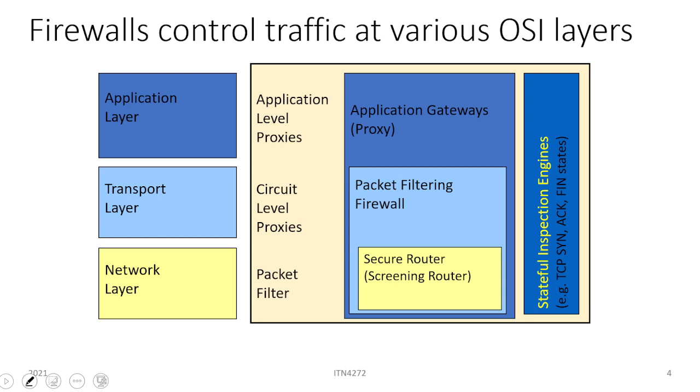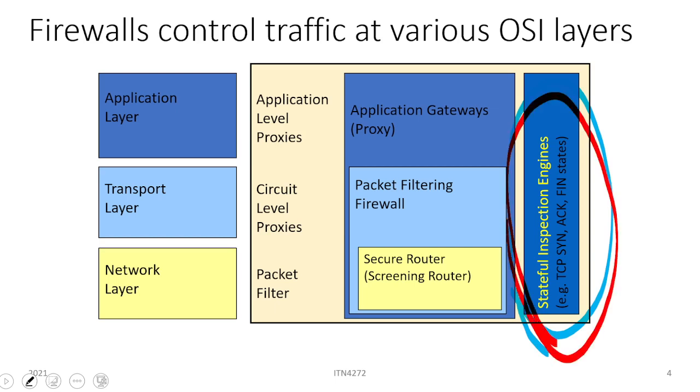We can have application layer level securing, or we can have certain mechanisms that may be able to function across layers. So some firewalls may be operating at individual layers, whereas others may function across layers and do more thorough filtering and blocking.